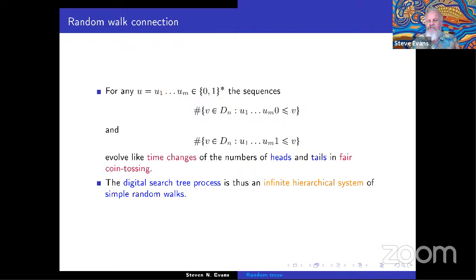And so the digital search tree process is then just like an infinite hierarchical system of simple random walks.